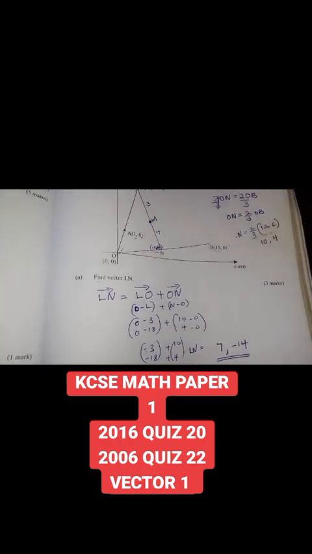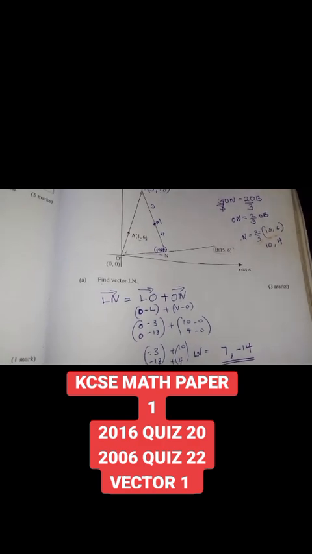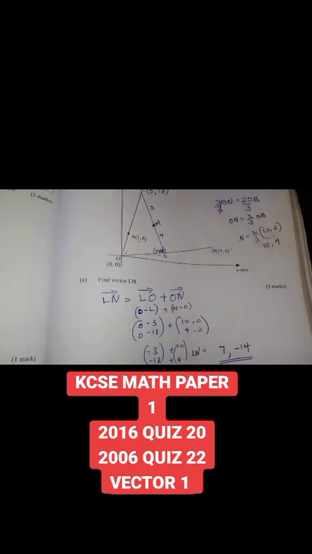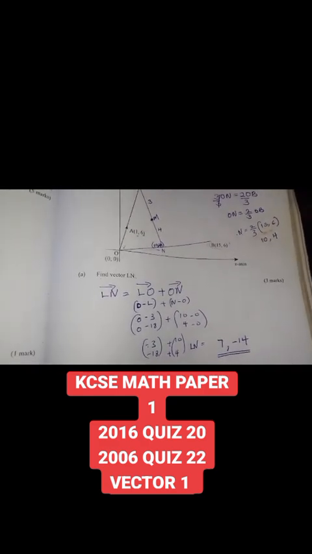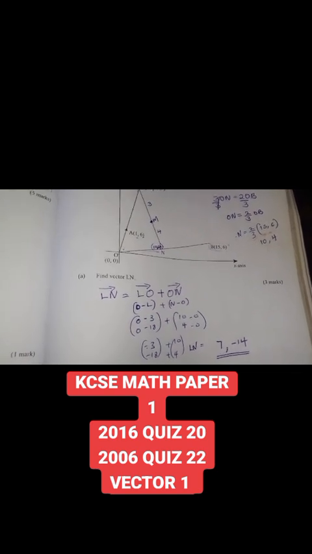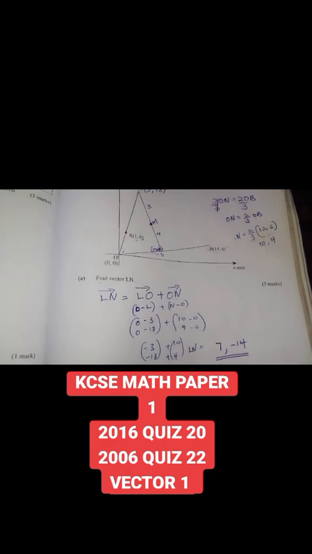Therefore, if I work that out, I will have this one going here 3 times, this one going here 2, negative 2 times 3.